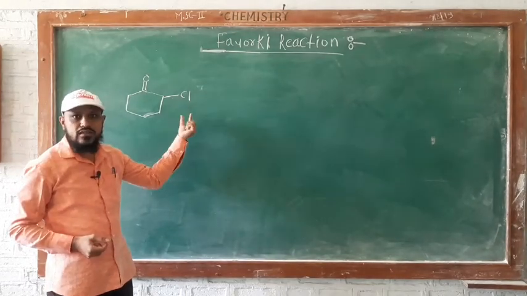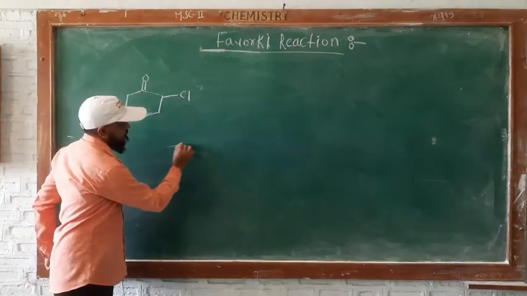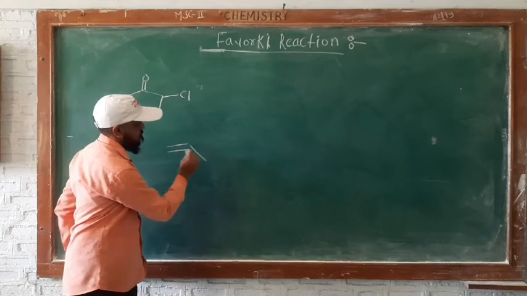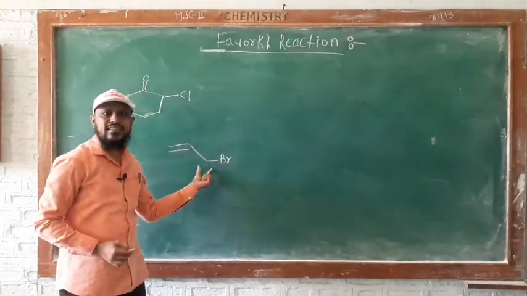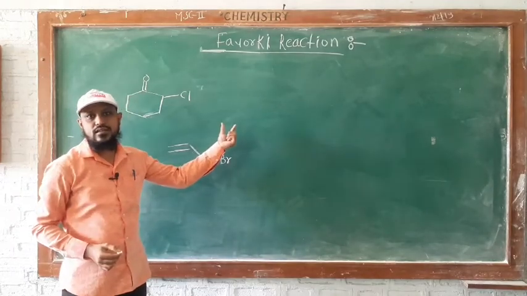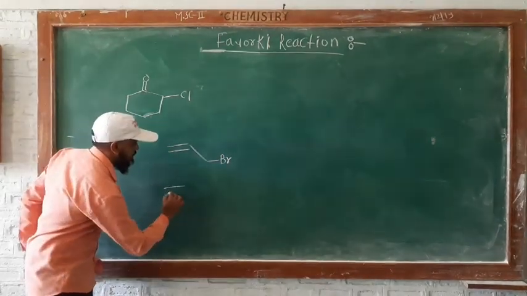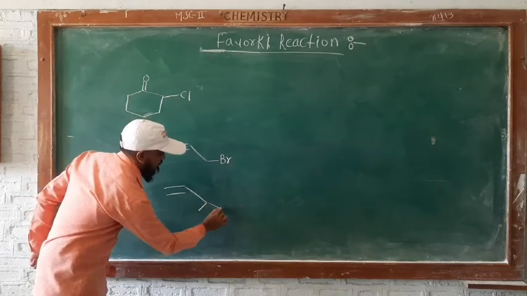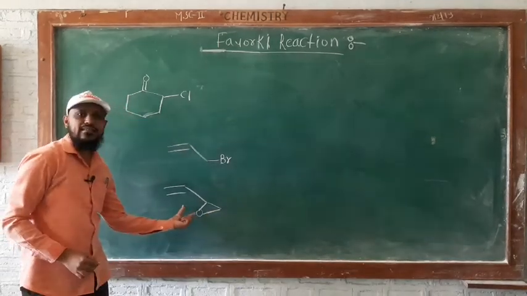Instead of the halogen group at the alpha position, we can also use a different type of leaving group. We can use N-bromopropyl as a leaving group in the Favorskii reaction, or alkyl epoxide as a leaving group.